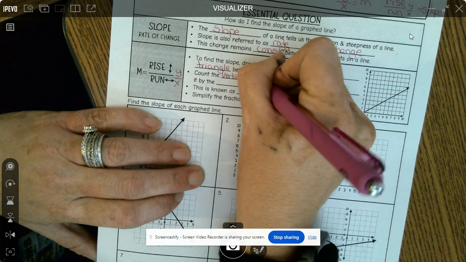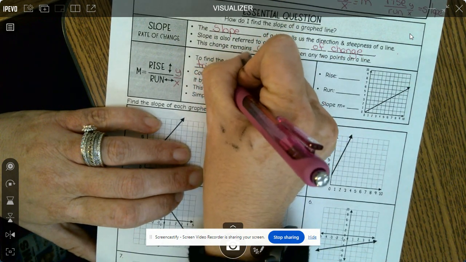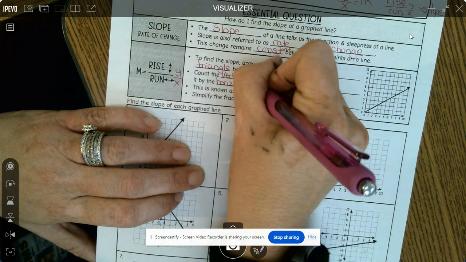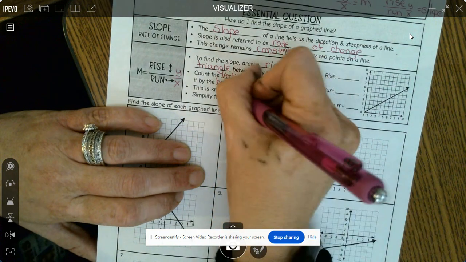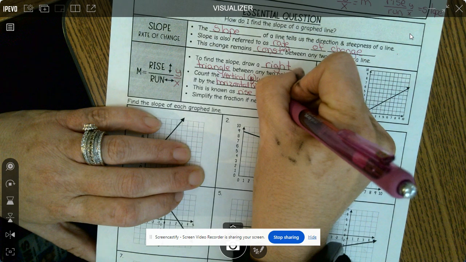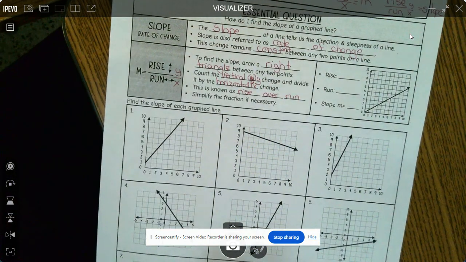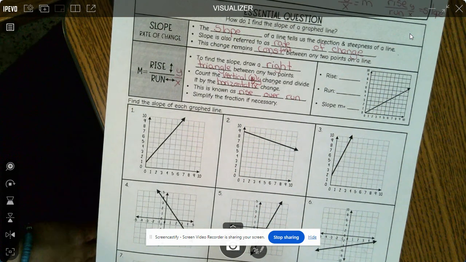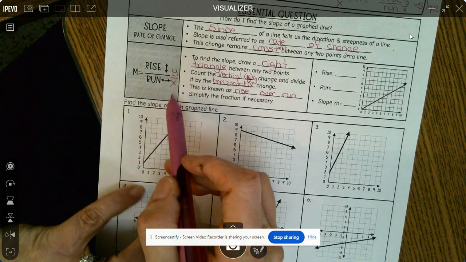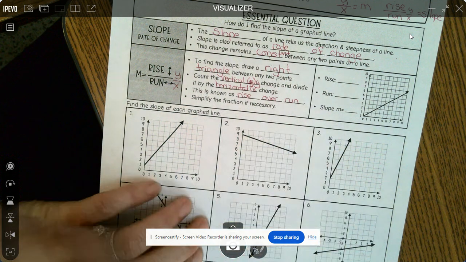Sorry. And divide by the horizontal change. This is known as rise over run. This is extremely wordy for what we talked about before. y over x equals m. All right. Extremely, extremely, extremely wordy.